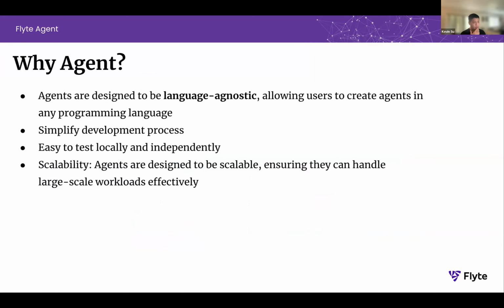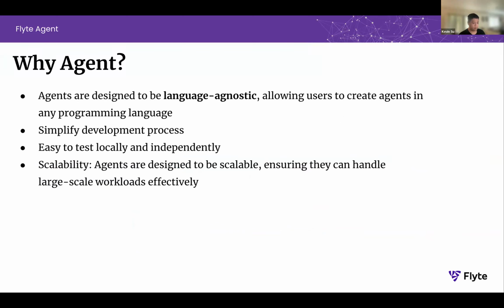So why do we want to decouple the plugin or agent from propeller? The reason is that we found a lot of people struggling with adding a new backend plugin in Flyte, because backend plugins are written in Golang, and most of our contributors are not familiar with Golang. They want to write the backend plugin in Python.